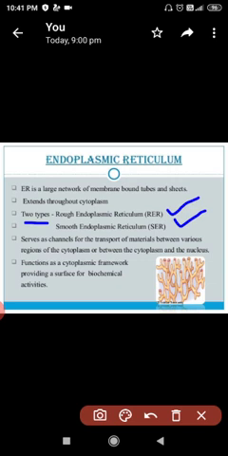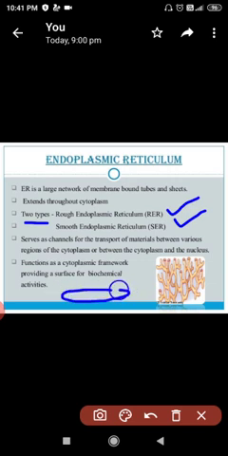Okay, so first try to understand the RER. RER appears rough under a microscope because of the attachment of a large number of grain-like ribosomes over their cytoplasmic surface. Okay, so when you want to draw the RER, how will you draw?